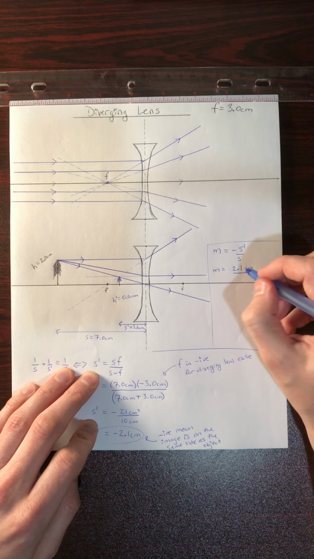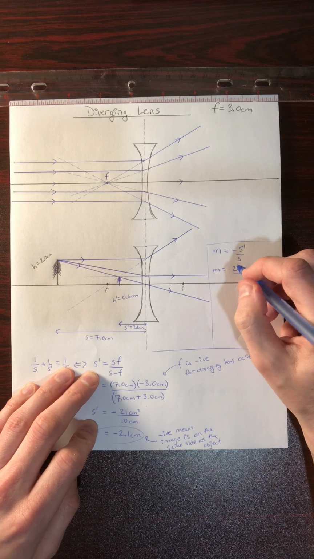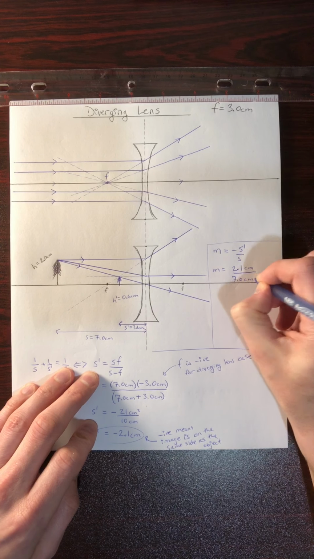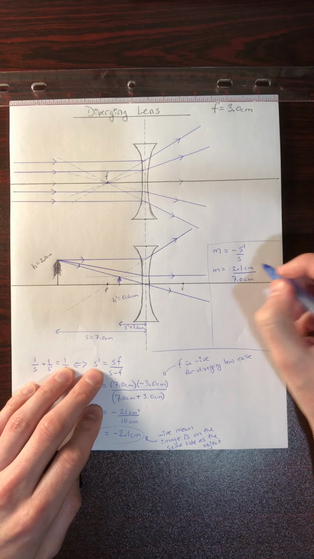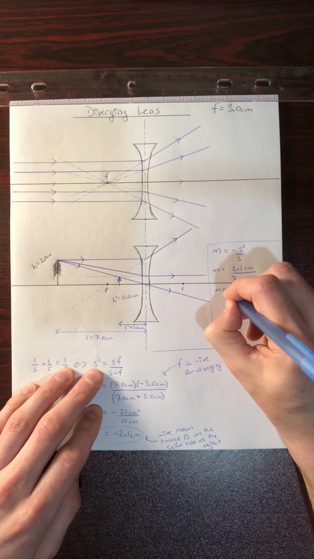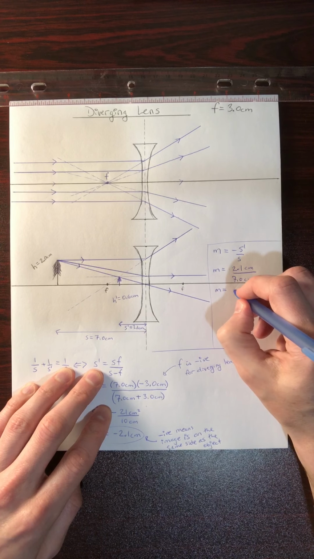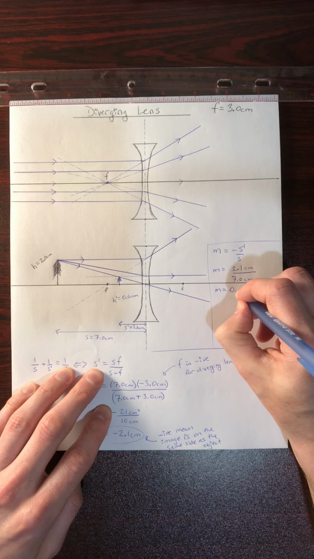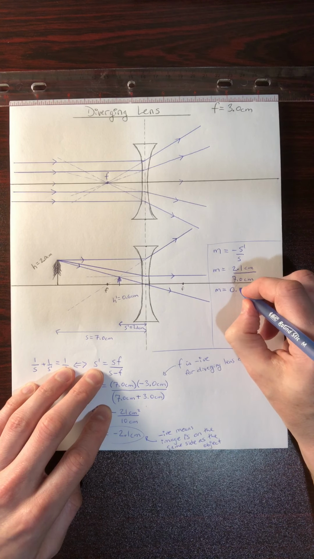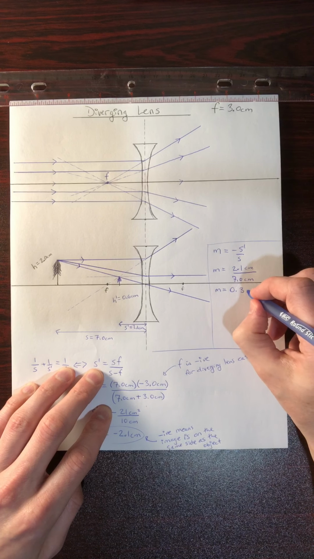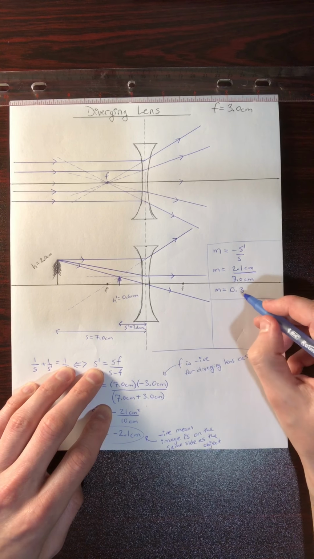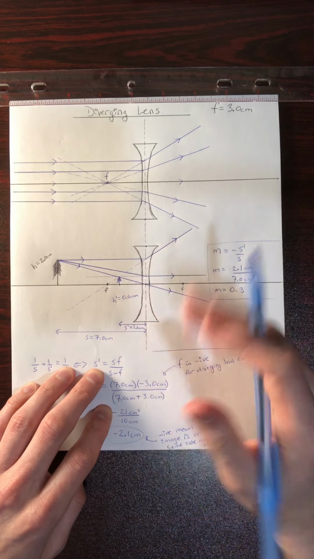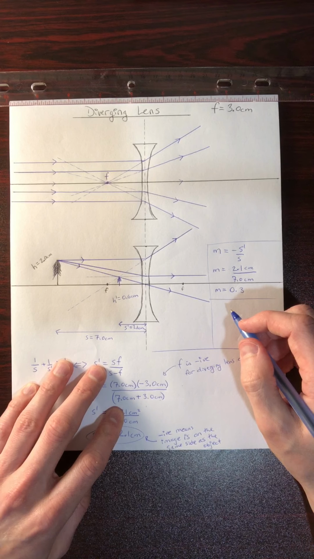That was 2. No, that was 7 centimeters, sorry. And so we've got a magnification of essentially 0.3. We've got a magnification factor of 0.3, and that aligns here, right? We're getting a much smaller image, just about a third.